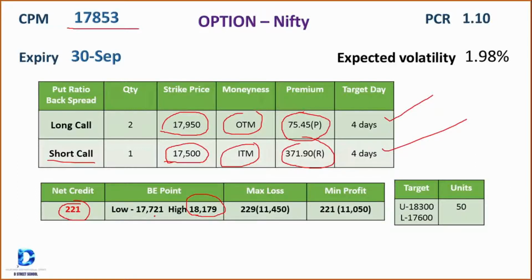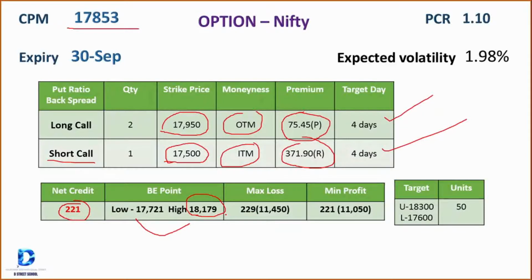We will incur a loss when Nifty closes between these levels. So what would be our maximum loss using this strategy? 229 rupees in premium, which means 11,450 rupees. This is the maximum loss we incur when Nifty closes between these ranges.